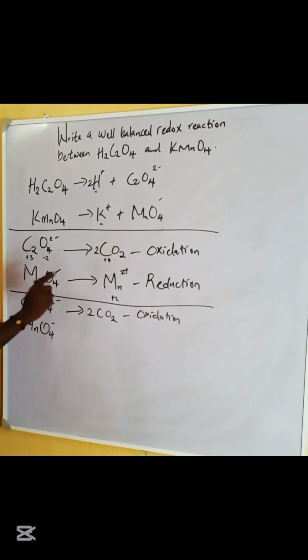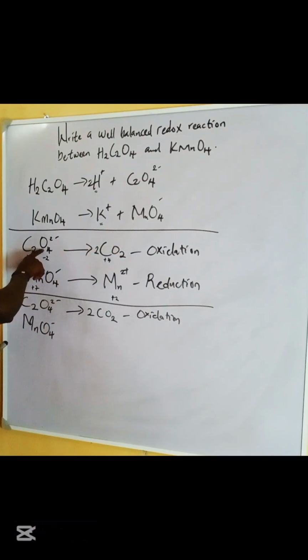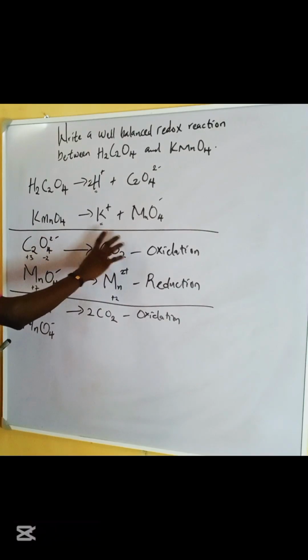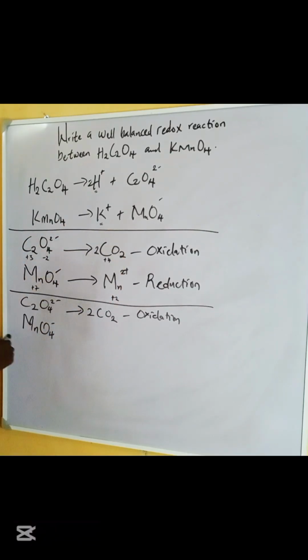Please guys, in any reaction, if there is no balanced number of atoms here, I will also balance it. If I have oxygen here and do not have oxygen there, I will have to balance the oxygen by adding water there. But because this one is already balanced, I leave it. Are we together? So let's continue.